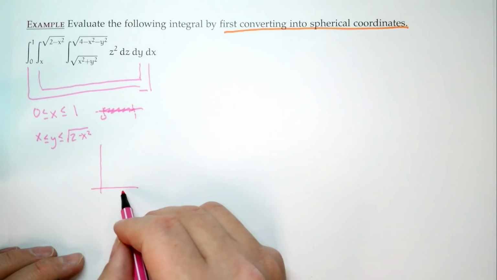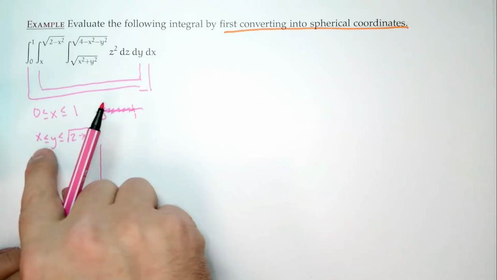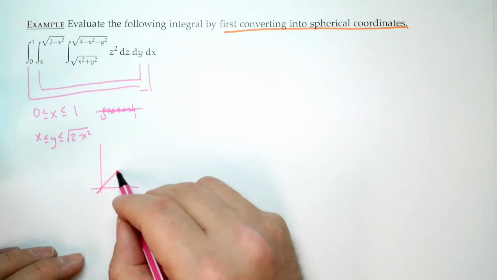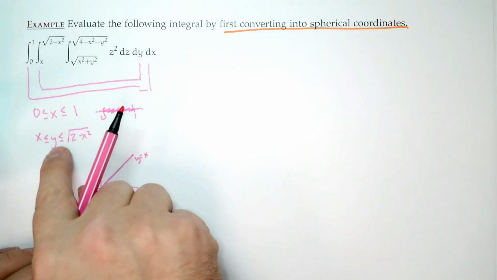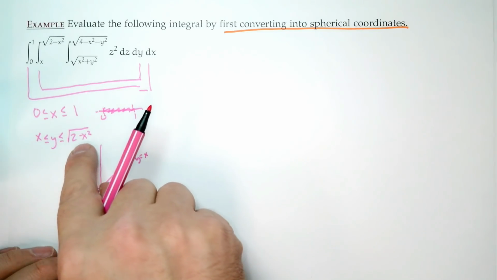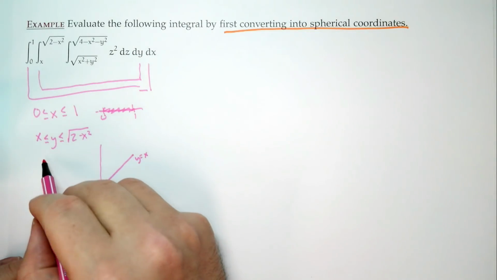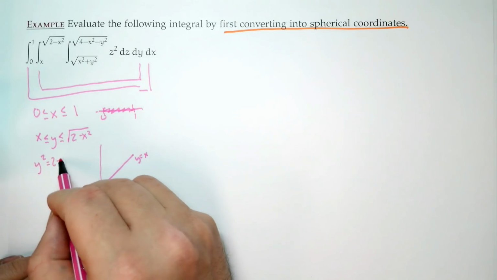All right, so we know we're having x go from 0 to 1. Now, we have it from y equals x. So let's sketch that in. Here's y equals x. And then we're going to y equals square root of 2 minus x squared. Now, we should hopefully be suspicious at this point about what that is. That should be a circle, because it turns out it's a circle.